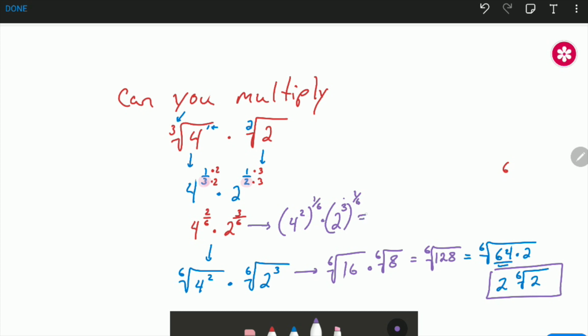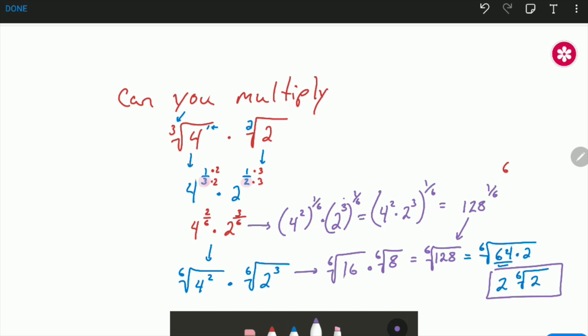Same exponent, so we can use exponent properties to pull that exponent out farther, making it 4 squared times 2 to the 3rd, raised to the 1/6 power. And then, of course, simplify that farther, giving us 128 to the 1/6, which we would have had to turn back into the radical and break down the radical from there.